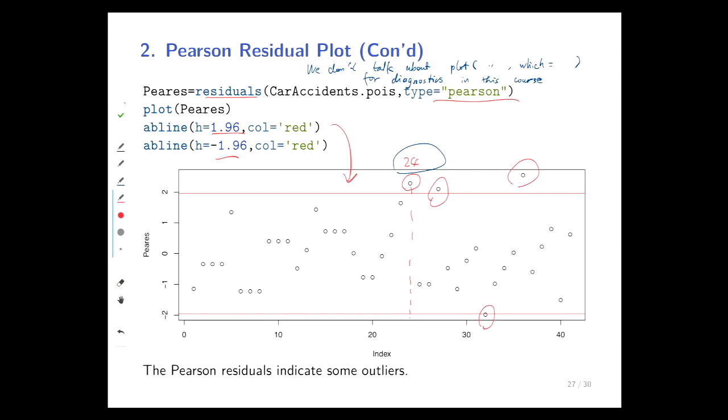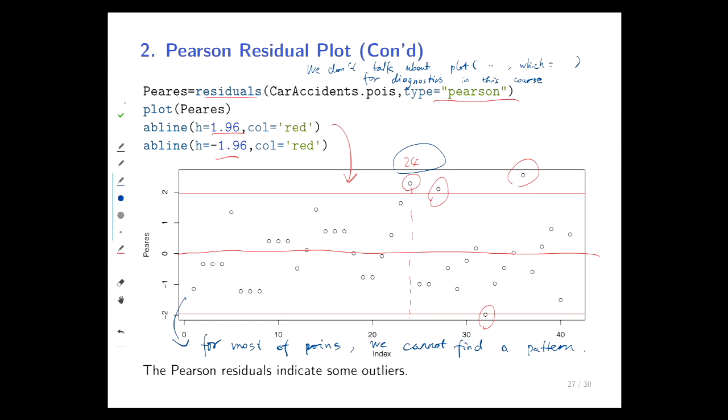And if we have a look at this plot and find that around 0 we cannot find a pattern for most of the points, that can imply most points or most observations satisfy the model assumptions.